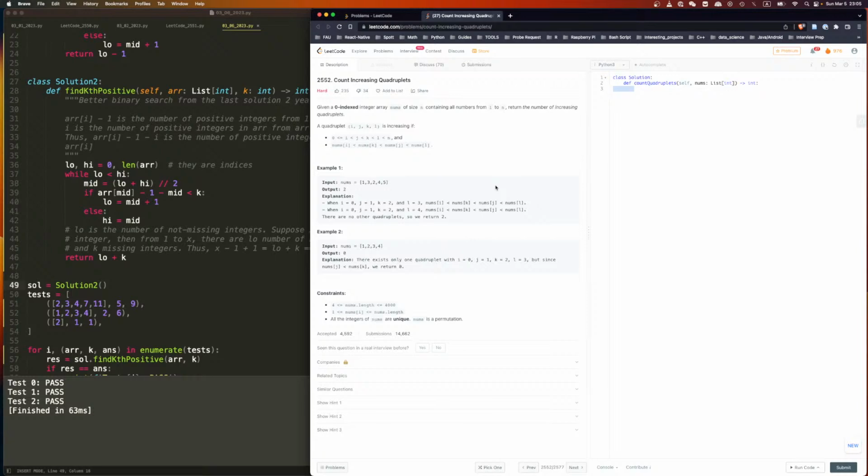So all we need is a high-low. The value is in between. It must be bigger than 1, right? It must be bigger than 1, smaller than this. Current max. Okay.